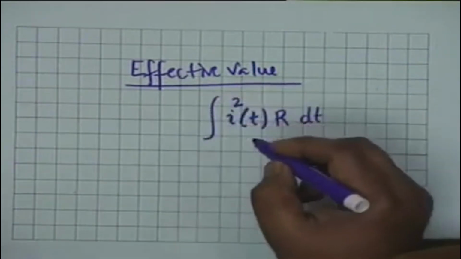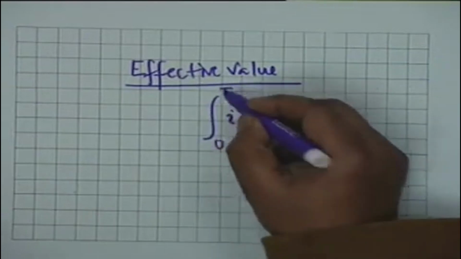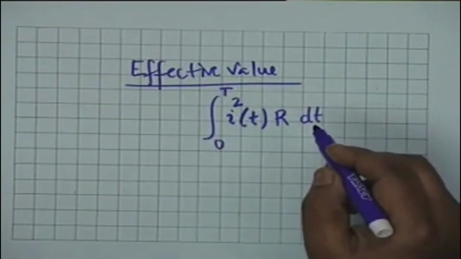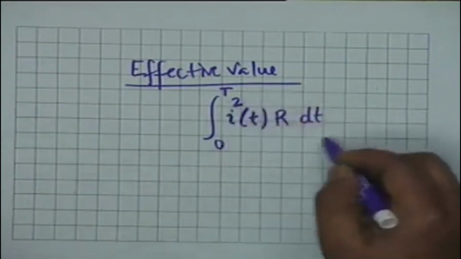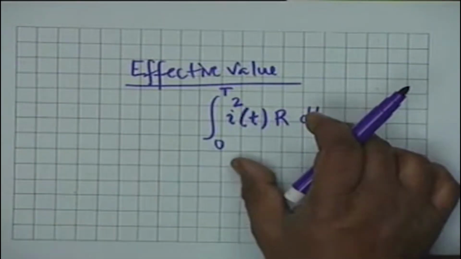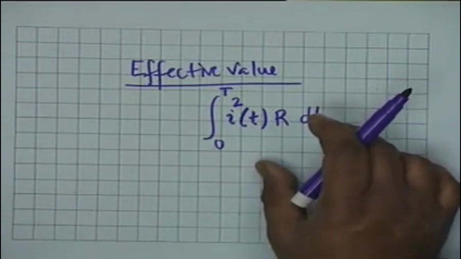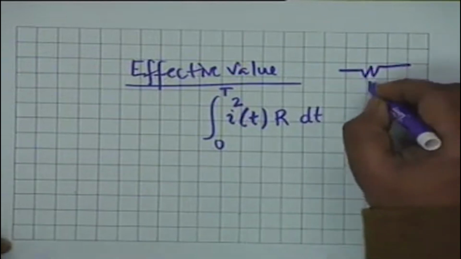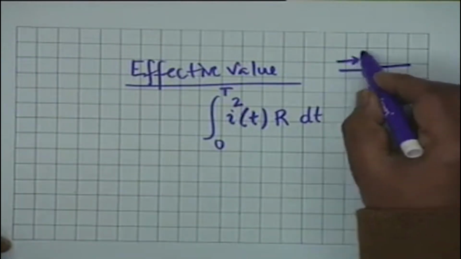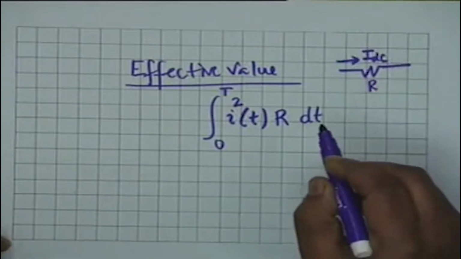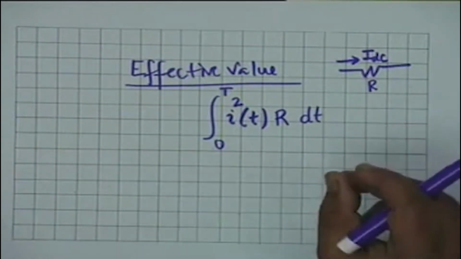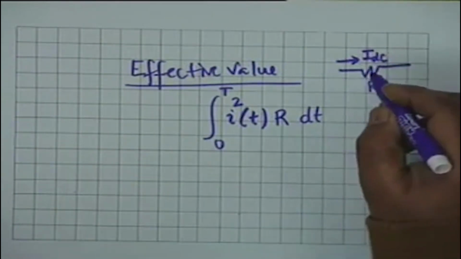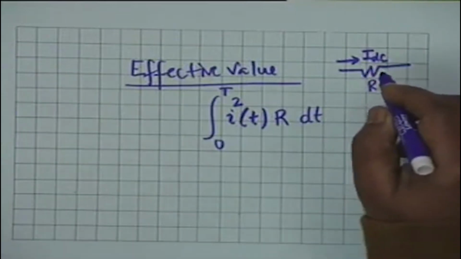The energy dissipated over one complete time period, 0 to capital T, is this integral. If the energy dissipated in the resistor over one time period is equated to that in the same resistor through which passes a DC, let us say I DC, producing the same amount of energy dissipation, then that DC value is called the effective value.